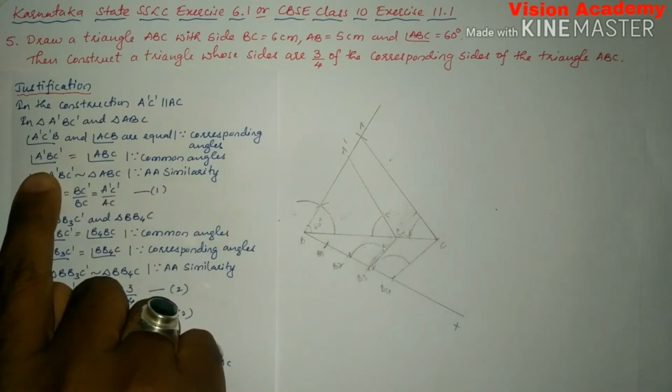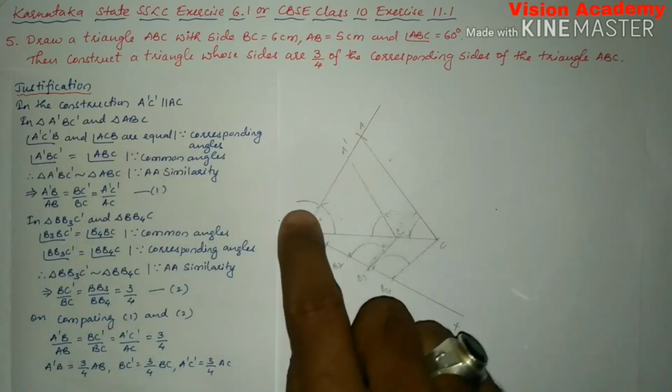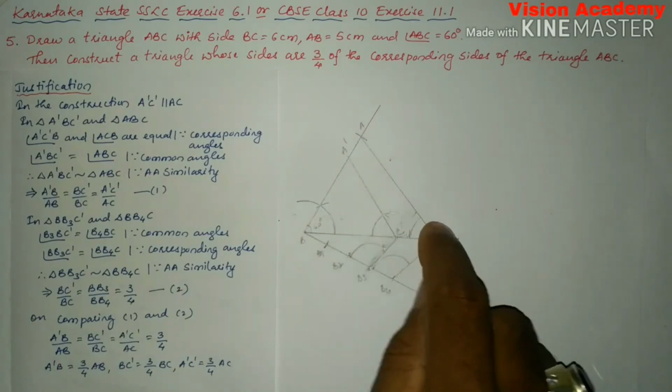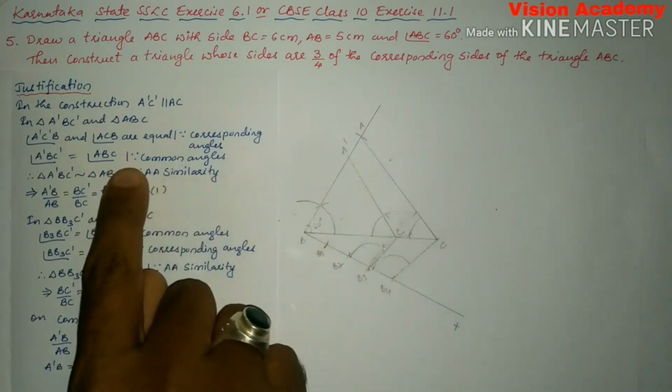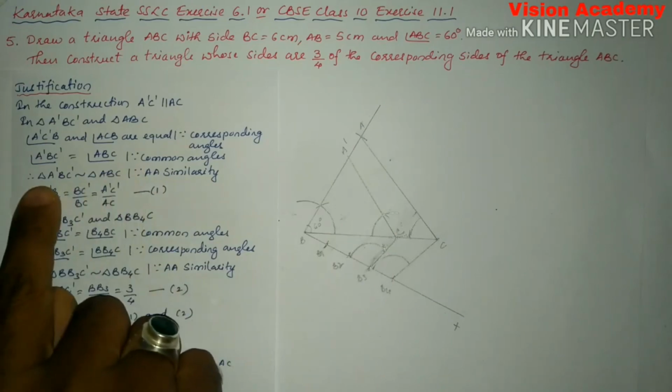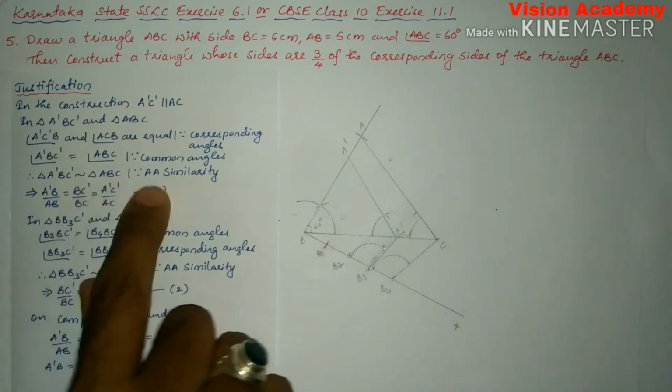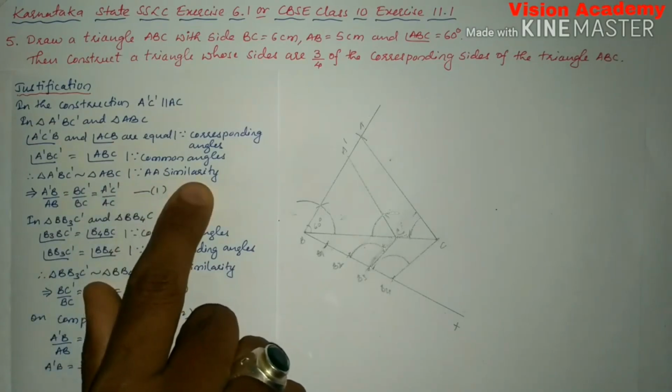Now you can see angle A dash B C dash and A B C, both of these two are equal because they are common angles. Therefore the triangle A dash B C dash is similar to triangle A B C because of angle similarity criterion.